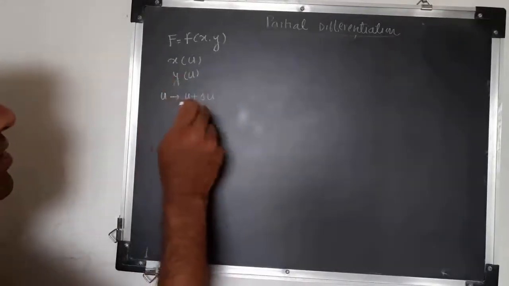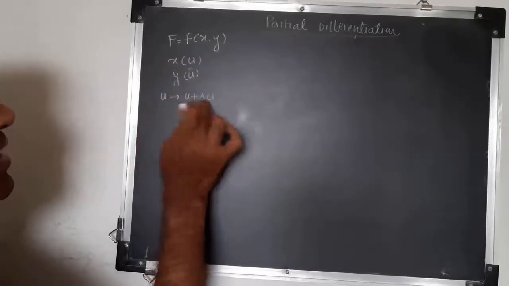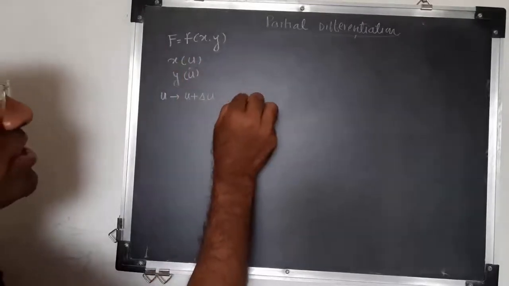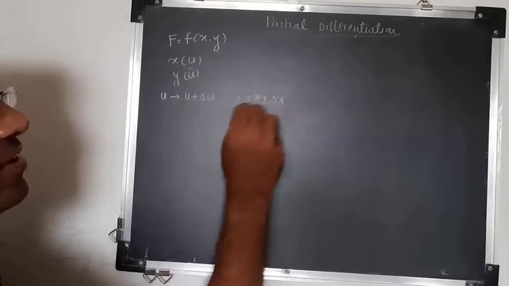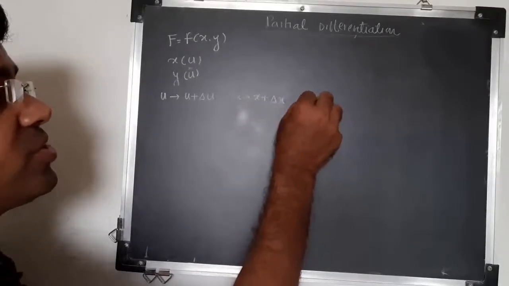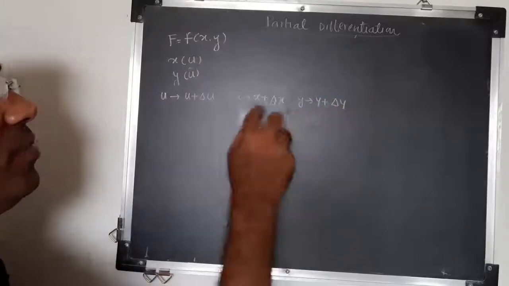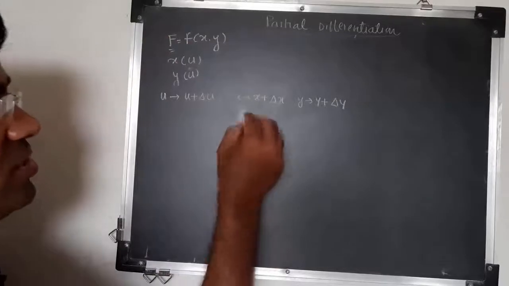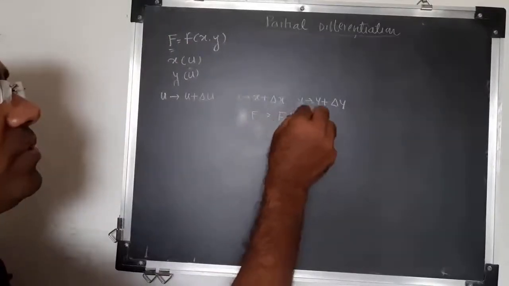Once your u variable changes by delta u, x also changes from x to x plus delta x, and y also changes from y to y plus delta y. If both are changed, then your function is also changed. So f will change from f to f plus delta f.